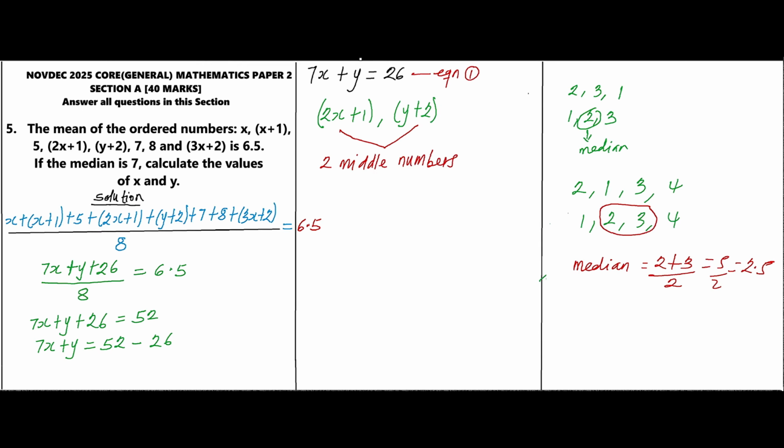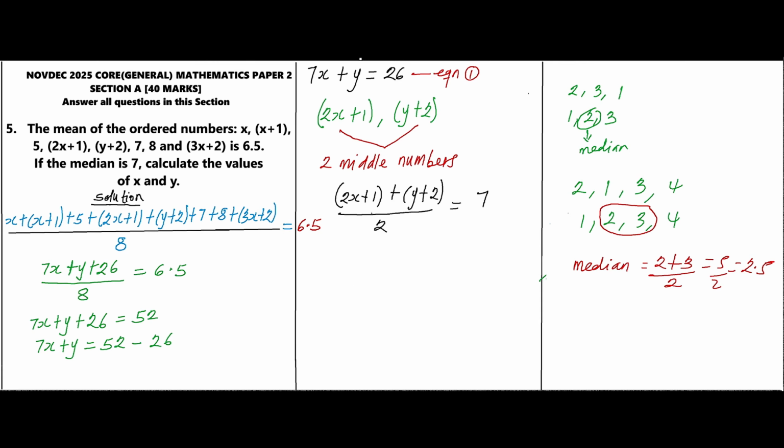So once we know the two middle numbers, we should be able to calculate the median, so that the median will be the sum of the two middle numbers divided by 2. So we have 2x plus 1 plus y plus 2 divided by 2, and this should give us the median, which is 7.